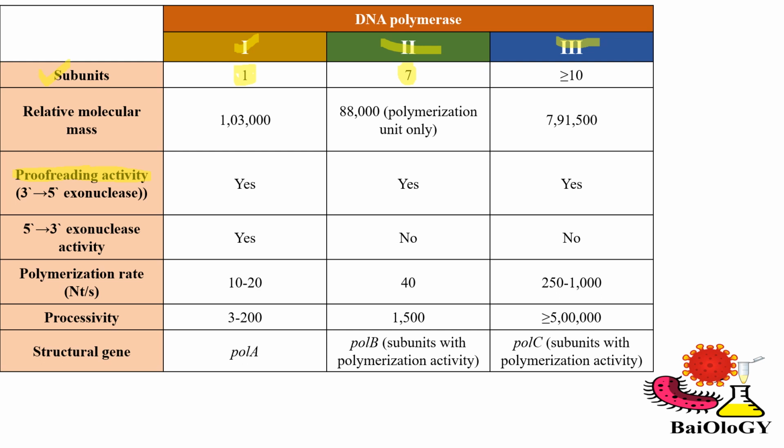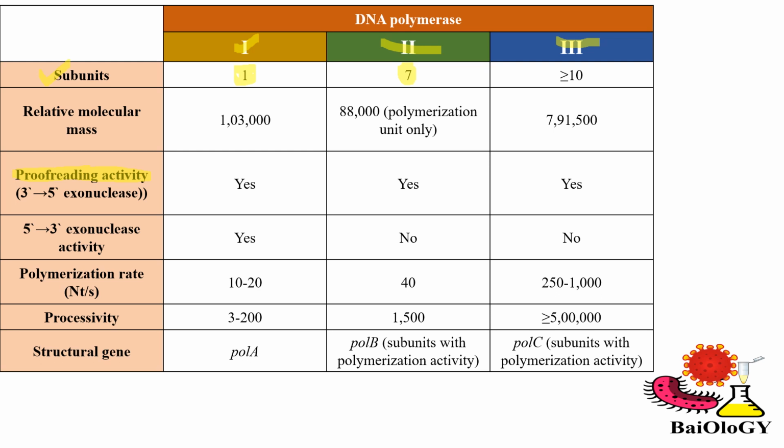So whenever there is mispairing, what happens? The DNA polymerase stops. It takes a halt. Via its 3' to 5' exonuclease activity, it chips off that particular mispaired base pair and then starts its polymerization activity again.